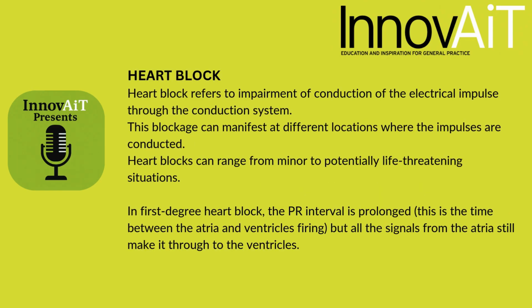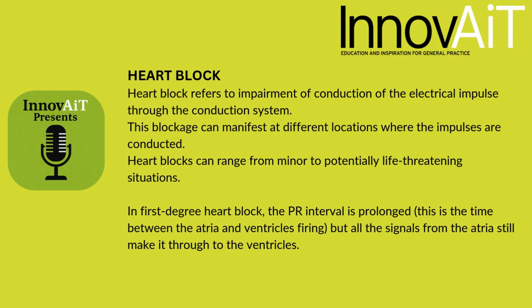Heart blocks refer to impairment of conduction of electrical impulse through the conduction system. This blockage can manifest at different locations where the impulses are conducted. It can range from minor to potentially life-threatening situations.